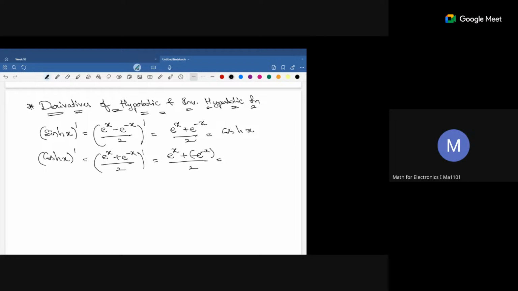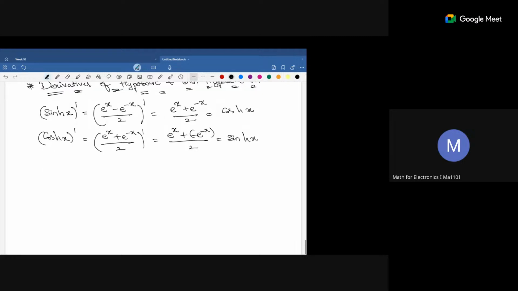If I simplify this, this will just be e power x minus e power minus x divided by 2, which is sine hyperbolic of x. This is slightly in contrast to the derivative of cos x. Cos x derivative is minus sine x, whereas here the derivative of cos hyperbolic of x is just sine hyperbolic of x.